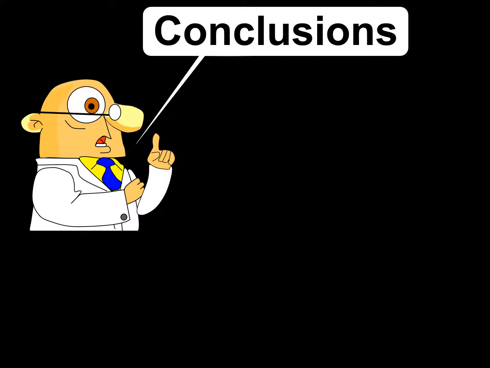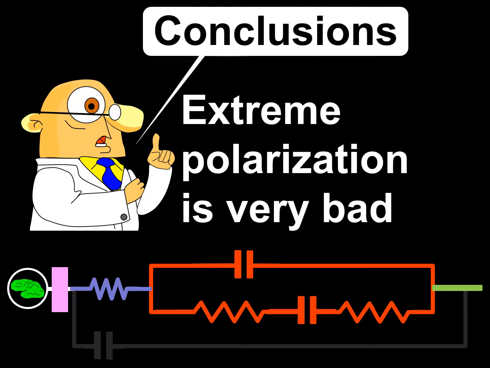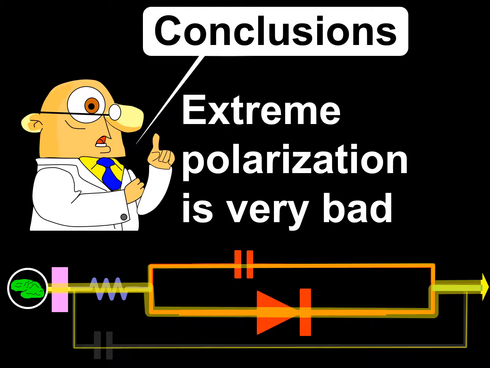The third conclusion is that in the face of extreme polarization, current flows become very abnormal, to the point that if we are to create an electrical circuit to explain the electrical behavior of the electrical double layer in these circumstances, we would have to substitute the resistive leg of the parallel circuit by a diode.